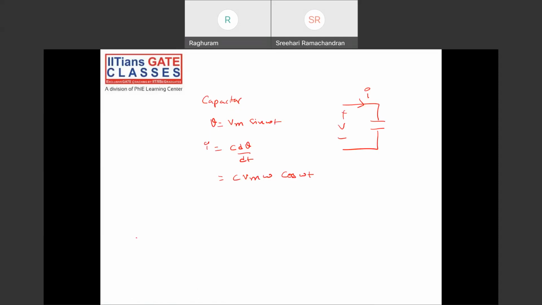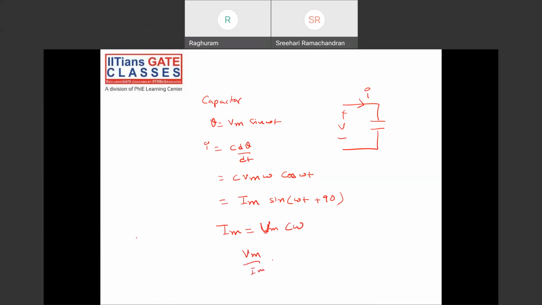So I can call it Im sine omega t plus 90. So Im is equal to Vm into C omega.